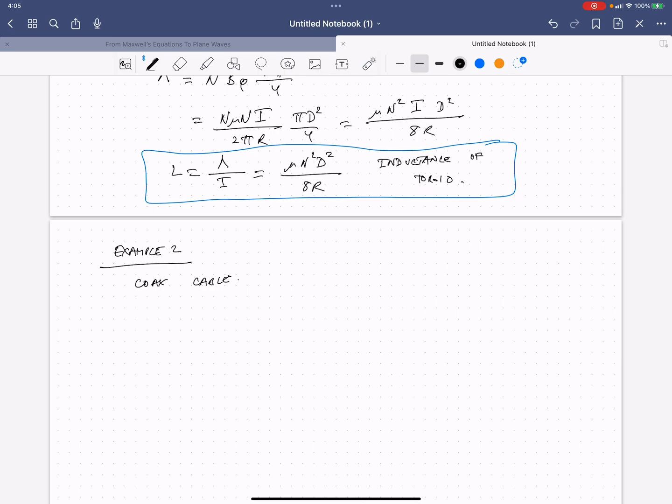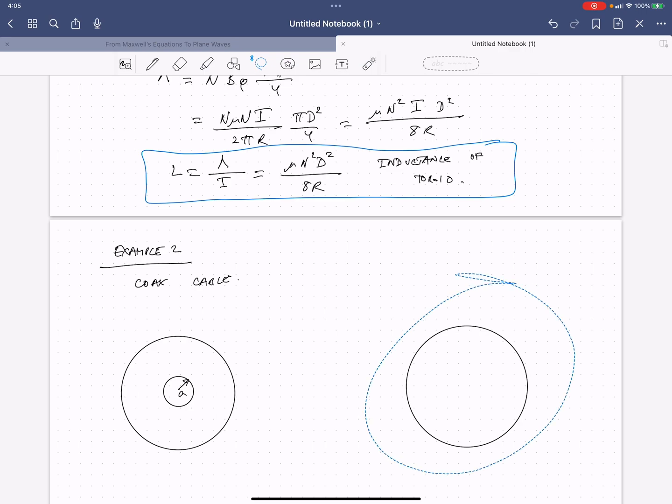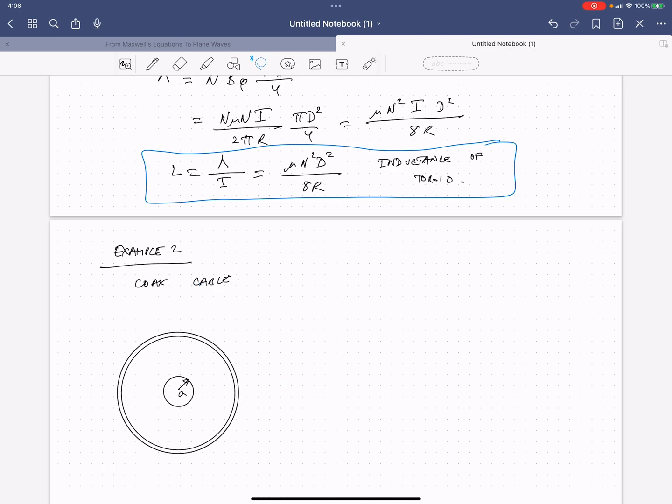In the cross section of the coax cable, the center has a radius A, and the outer shell is the outer metal, with radii B and C. You have a current of I in the inner conductor and a minus I in the outer conductor.